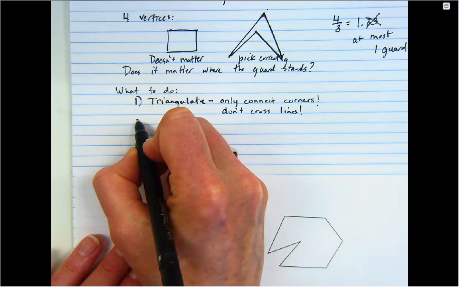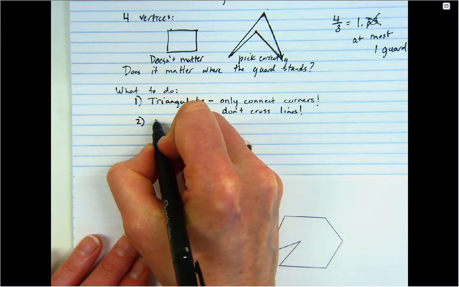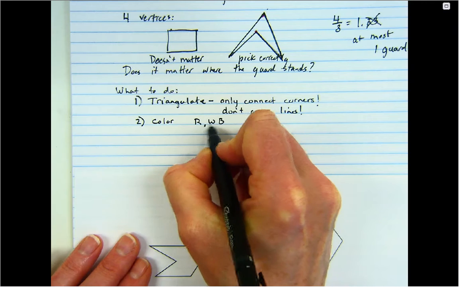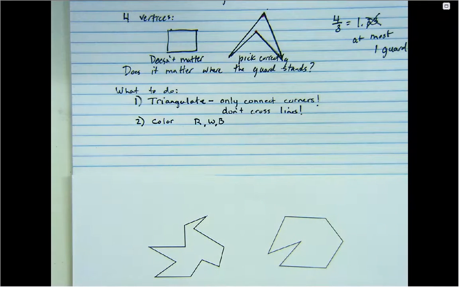Then we're going to color red, white, and blue. And we'll just write RWB. Then we'll be patriotic. But you don't have to have those colors on hand.